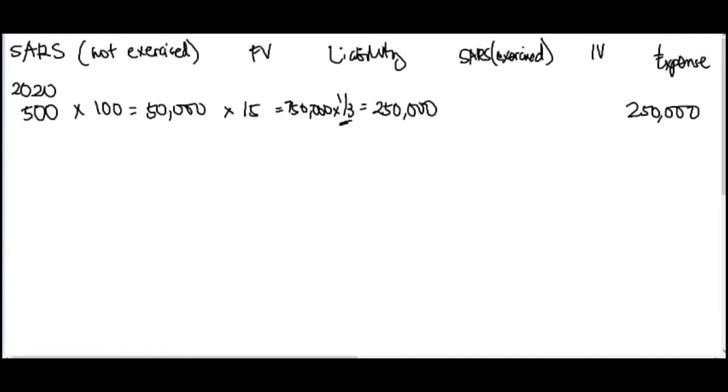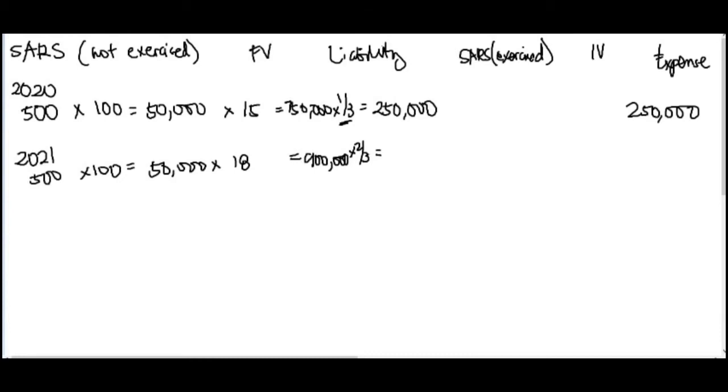2021, the same. Wala pa rin namang nag-exercise. So, ulitin mo lang. 500 times 100, 50,000 times your fair value of 18, tingin kayo sa book, is equal to your total liability of 900,000 times 2 over 3.